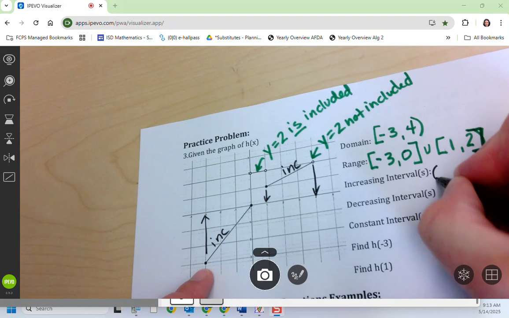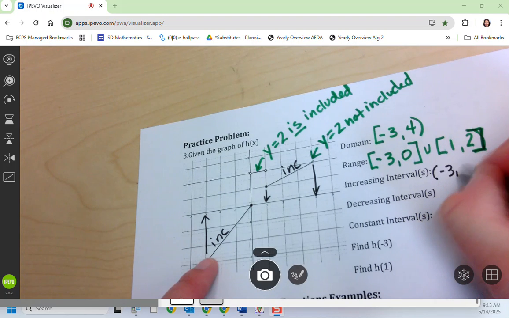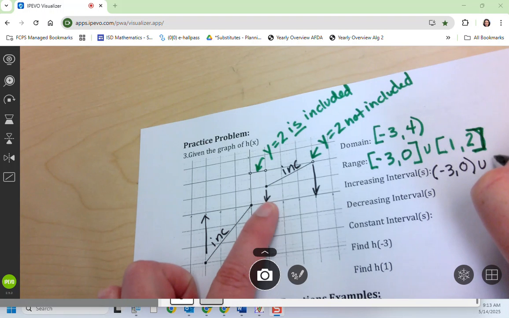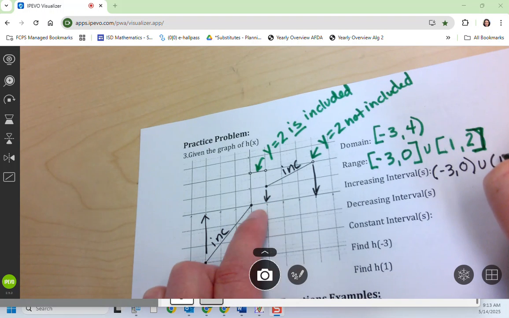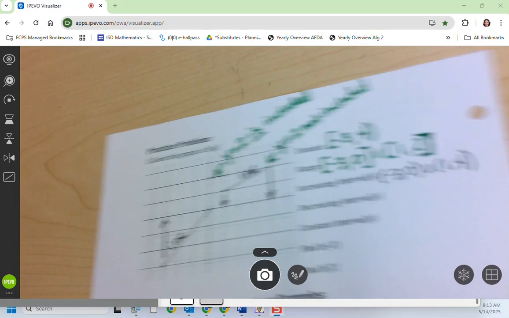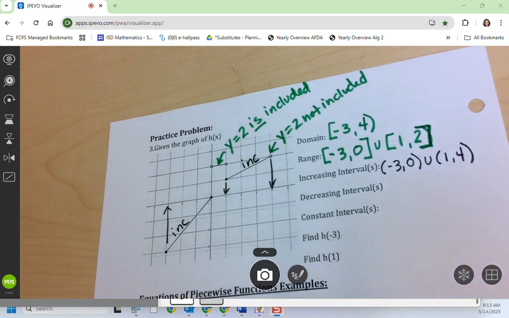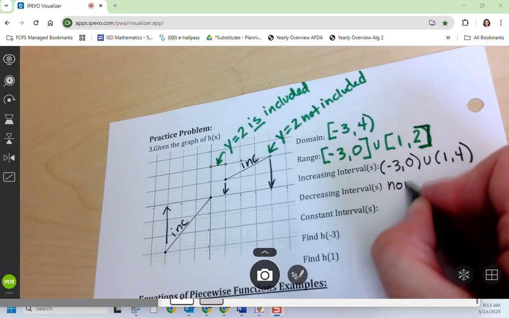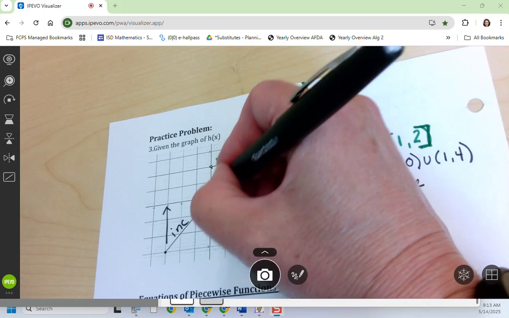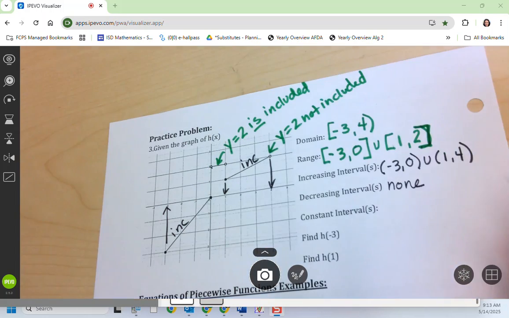So I'm increasing from -3 to 0, and from 1 to 4. There are no decreasing intervals. And then for the constant interval, I'm constant from 0 to 1.